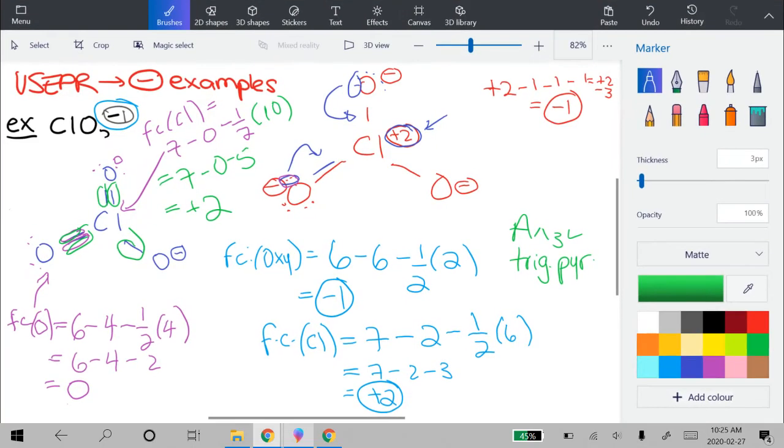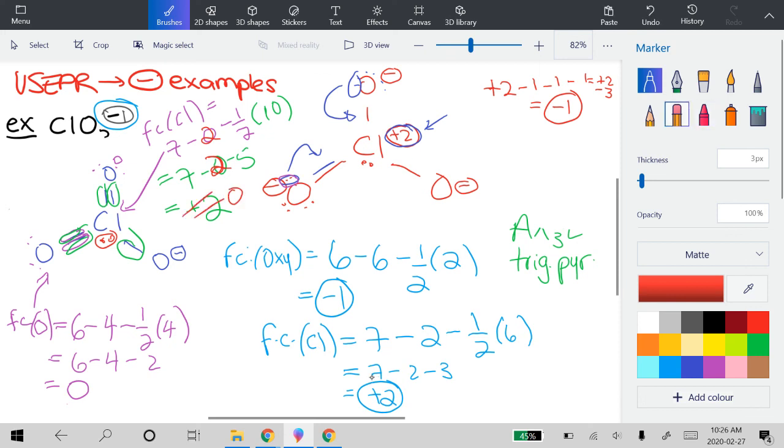I forgot to be drawing those lone electrons on chlorine. They didn't go anywhere. They're still there. Sorry. So let me fix that. It's 7 because group 17, minus 2 now because there's 2 lone electrons, and then minus half of the 10. Yeah, so that gives me back my 0 that I wanted there.